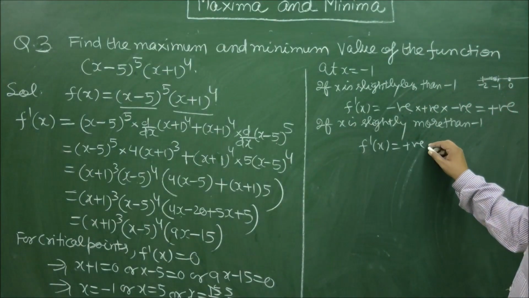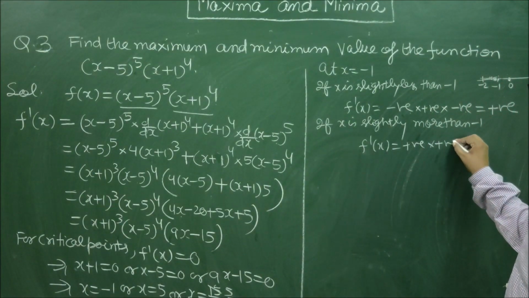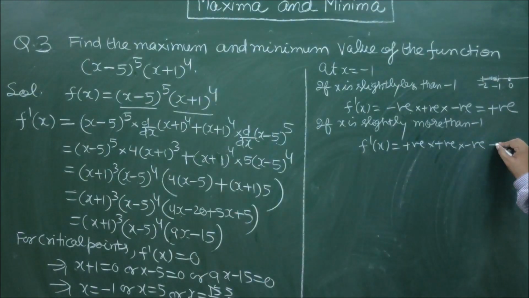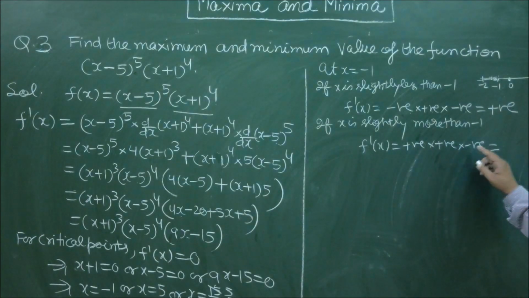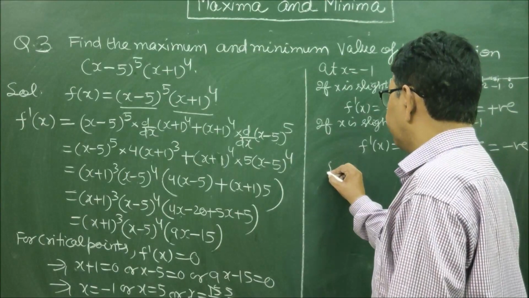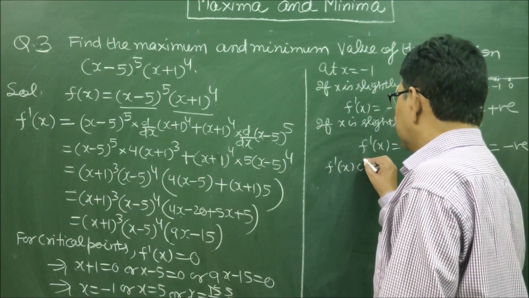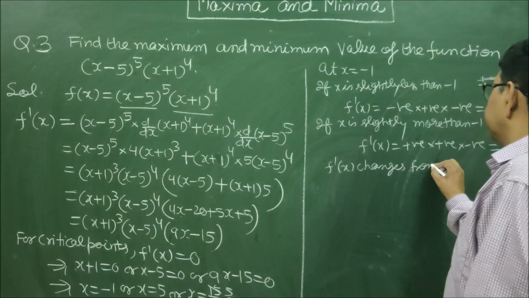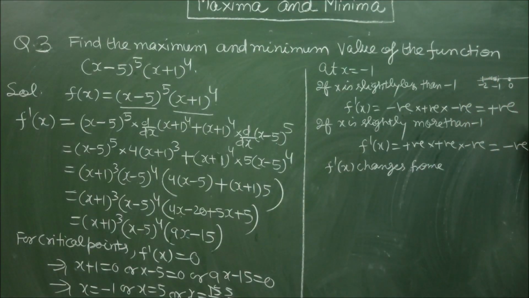So positive into negative means the overall value of f dash x is negative. So f dash x changes from positive to negative.